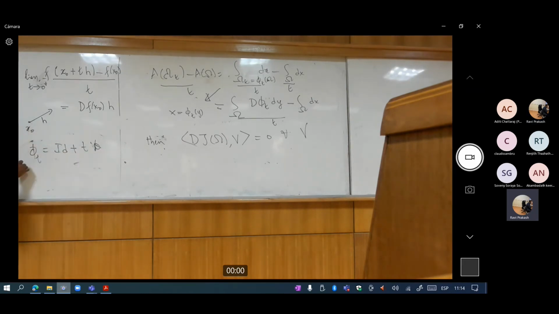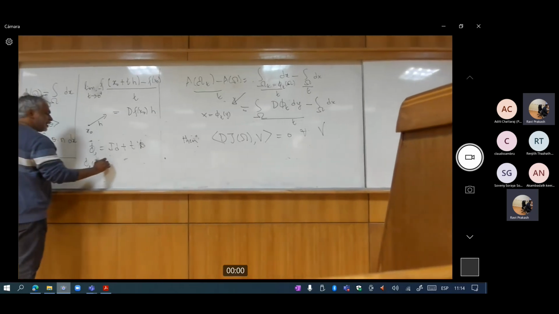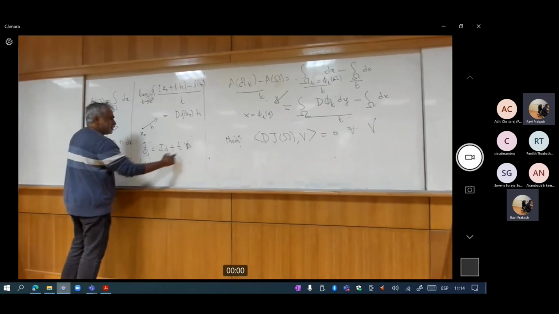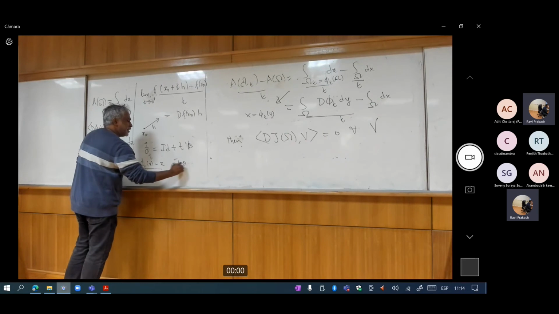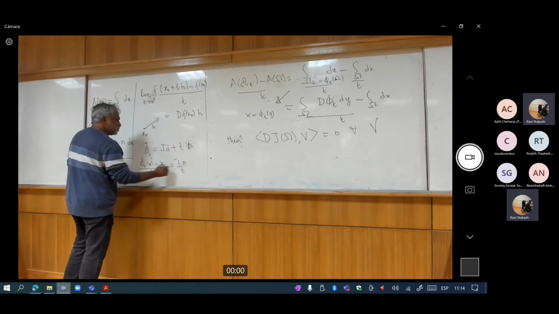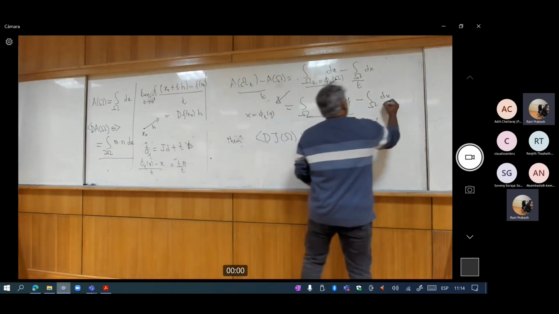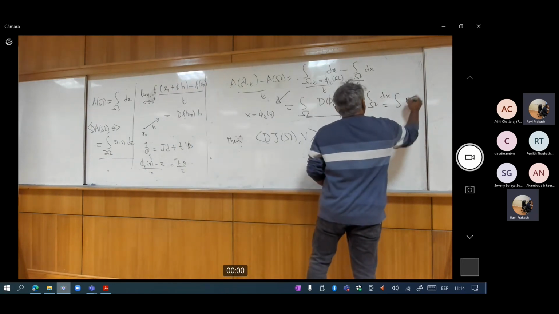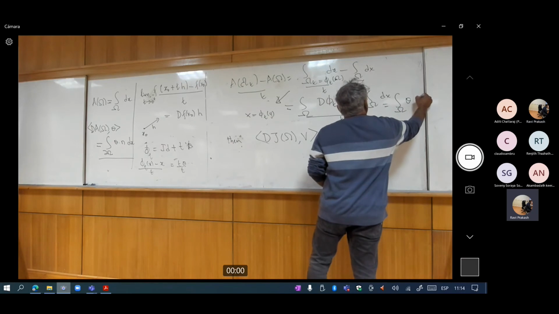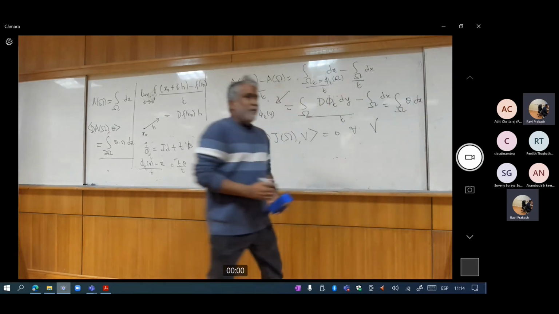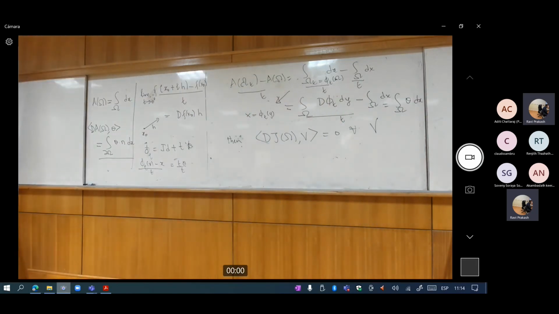So phi t of x minus the identity in x will give you just t theta, and divided by t as t goes to 0 gives you theta. And so this gives you simply the integral of theta over omega dx.